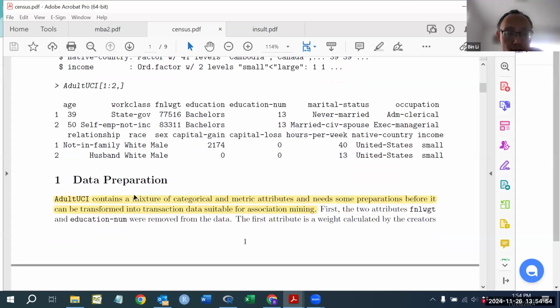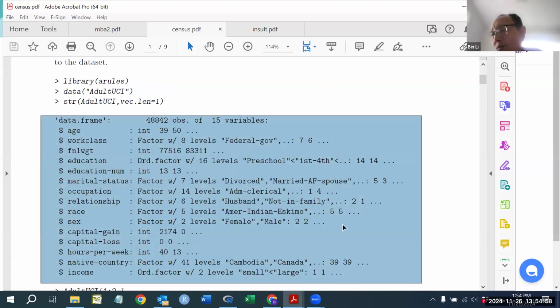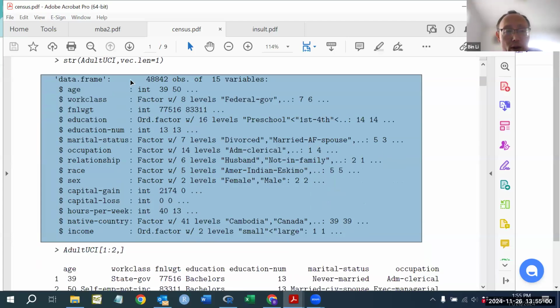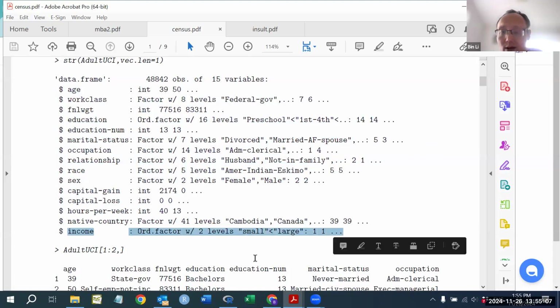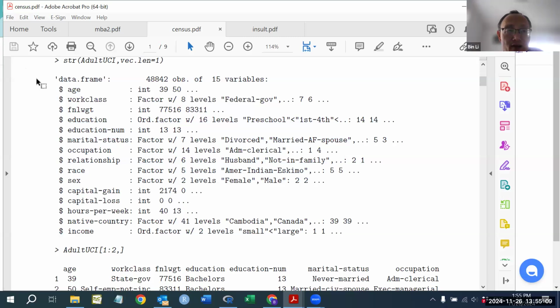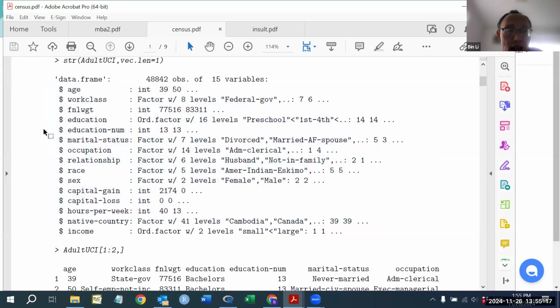So here is the description of the data set. We have these 14 predictors and the target is the income. That's the last one. But for these 14 predictors, some of them are numeric, some of them are categorical. But among them, two of them are useless. One is the education number.